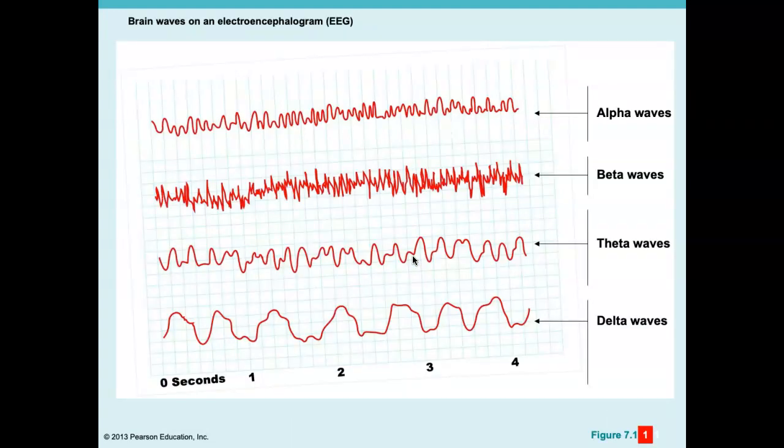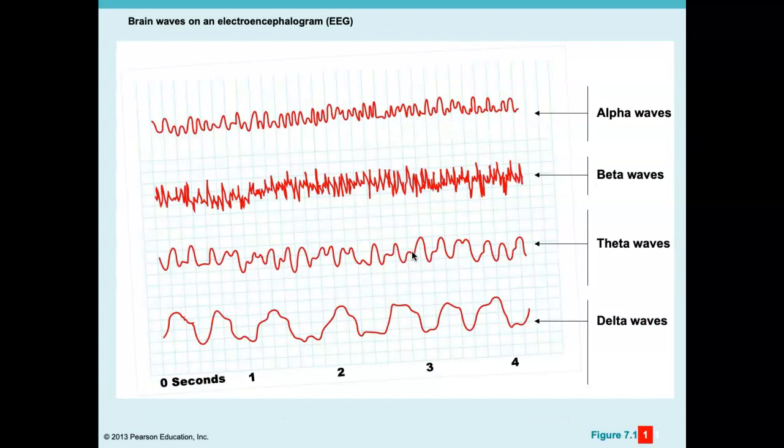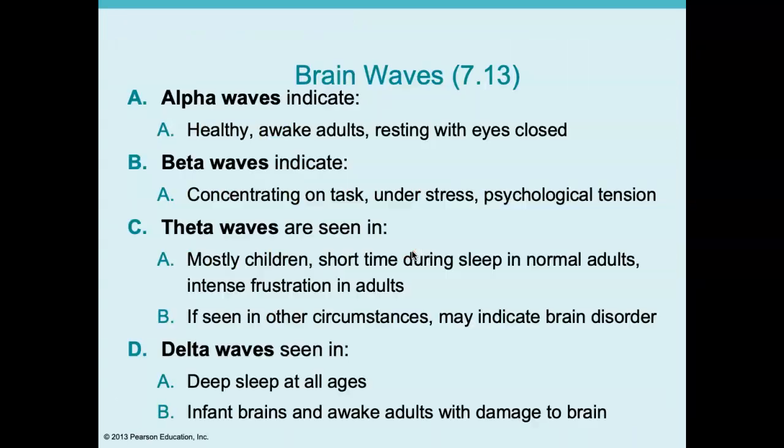Well, here are some of these brain waves. Alpha, beta, theta, and delta. The alpha waves are found in a resting adult. You're just sitting there quietly, your eyes closed. The beta waves are when you're under stress, maybe when you're in class and paying close attention.